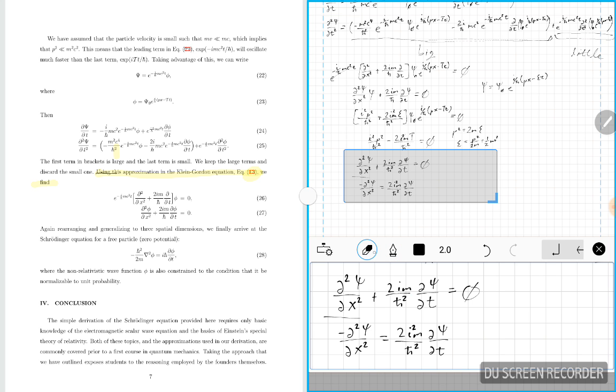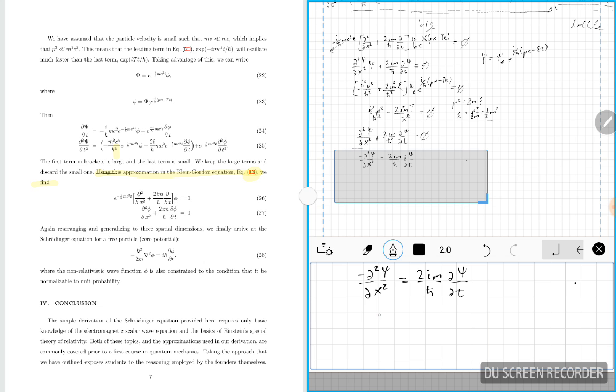No, that one is not squared. No, there we go. I had it right the first time. It was just h bar. Okay.